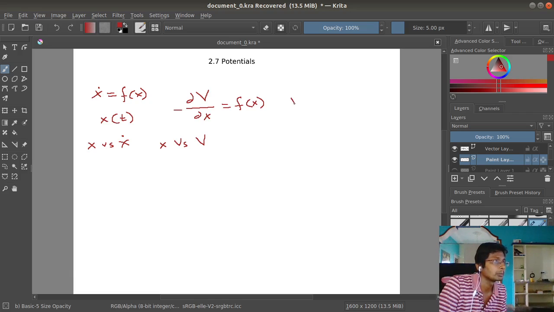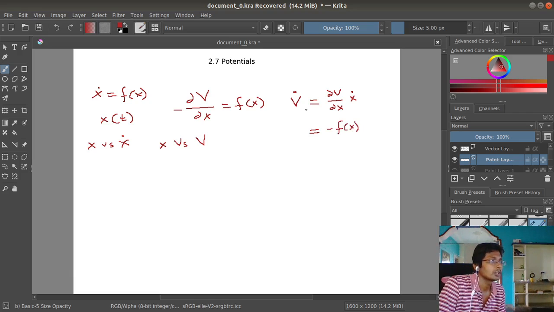What will happen as time progresses, we will get to know once we know what V dot is. So V dot is equal to dou V by dou x into x dot. Fine. So what is dou V by dou x? From this relation I can say that is minus f of x, right?